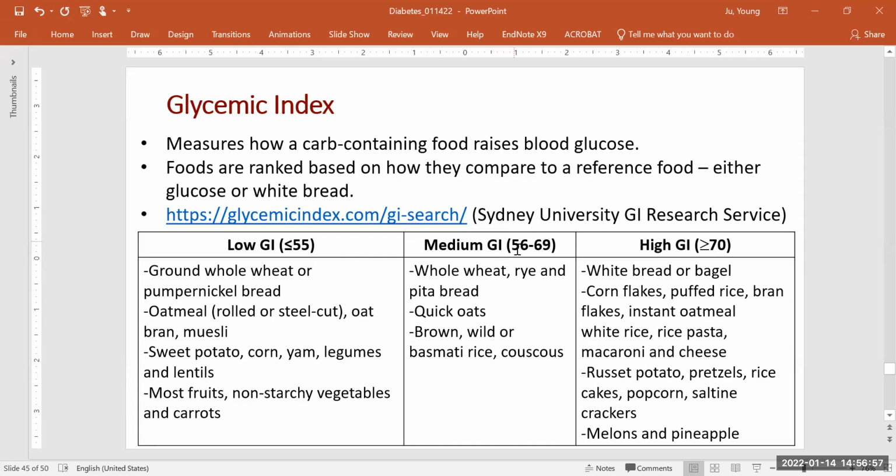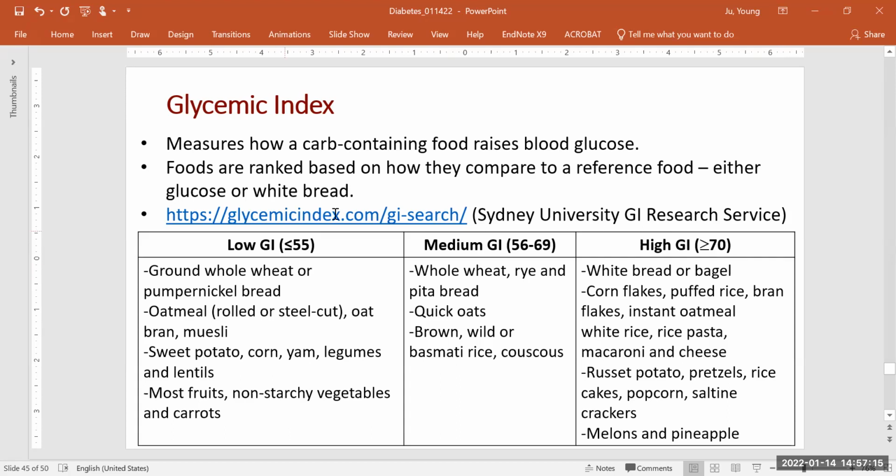If it's between 56 and 69, that's a medium glycemic food. If it's higher than 70, that's considered a high glycemic index food. So a food with a high glycemic index raises blood sugar level more than a food with a lower glycemic index.